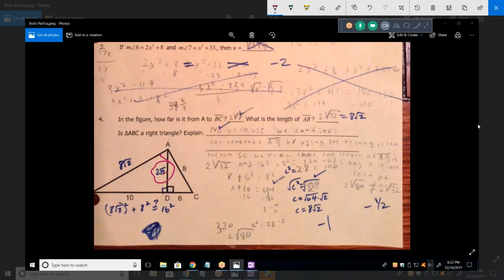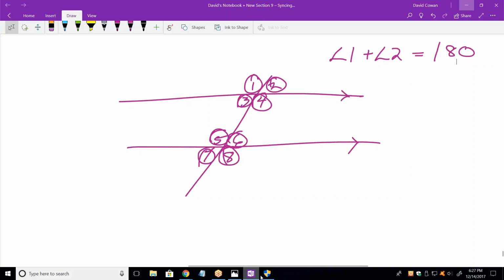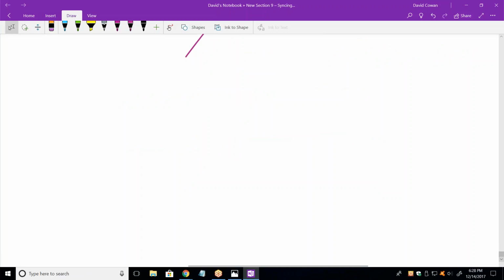2 root 7. Let's talk about solving right triangles. Hold on one moment. I'm going to give you a bunch of right triangles, and I want you to solve them as quickly as possible. And trust me, there's no skill you'd rather have in math than solving right triangles quickly.